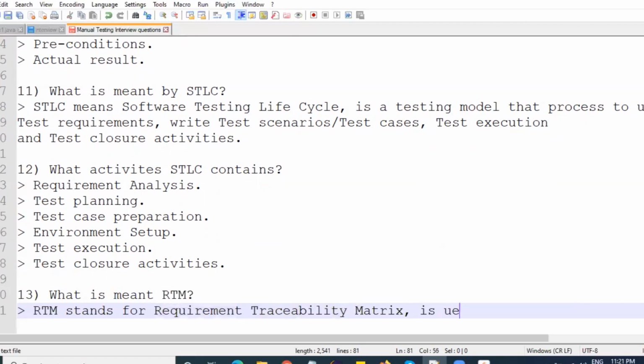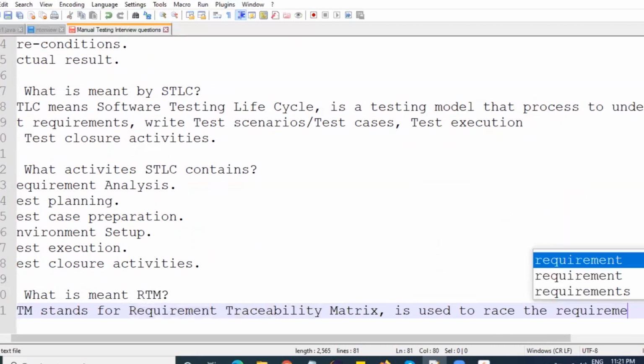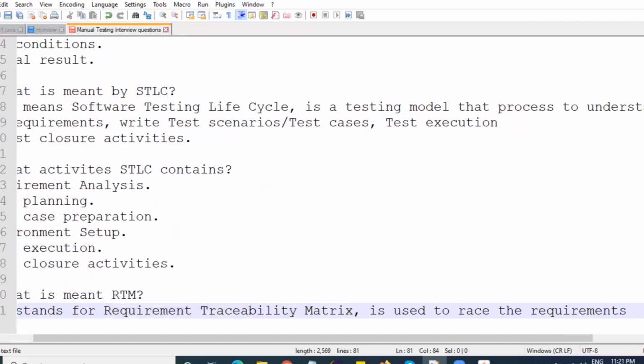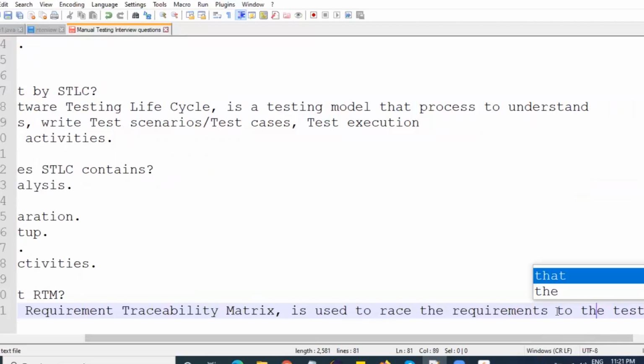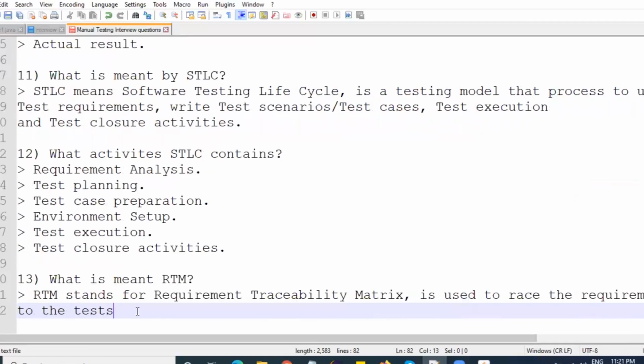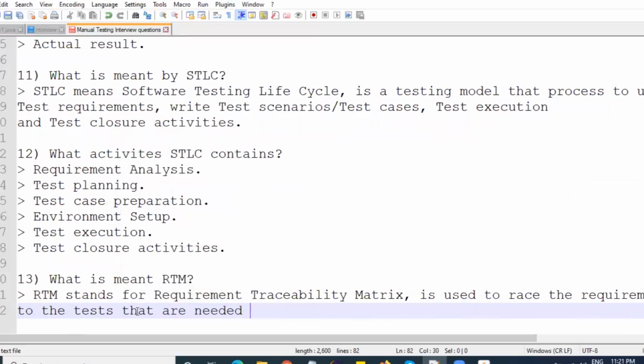It is used to trace the requirements to the tests that are needed to verify them.